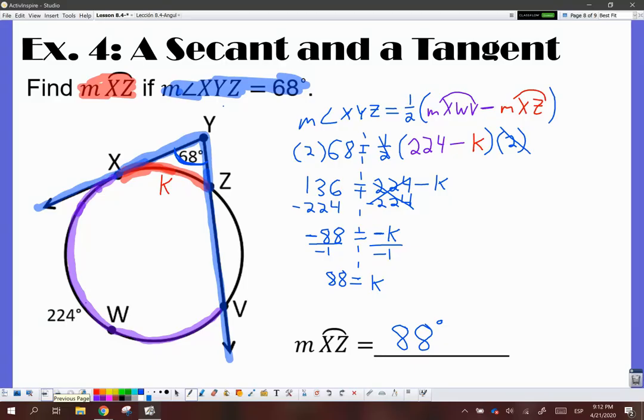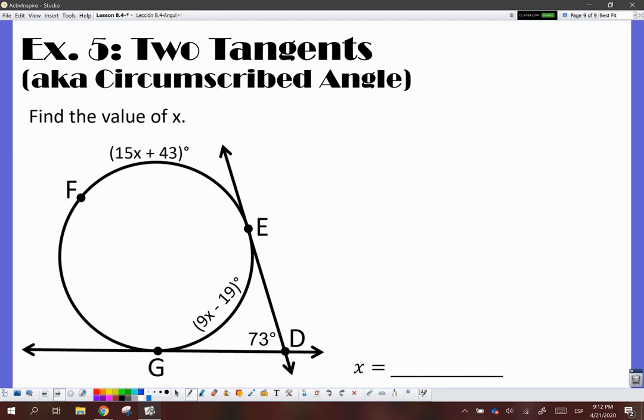Let's take a look at the last example here, which uses two tangents. Another name for this type of angle is a circumscribed angle, because this angle touches the circle but still stays only on the outside. If you remember, inscribed angle means that it's all on the inside.